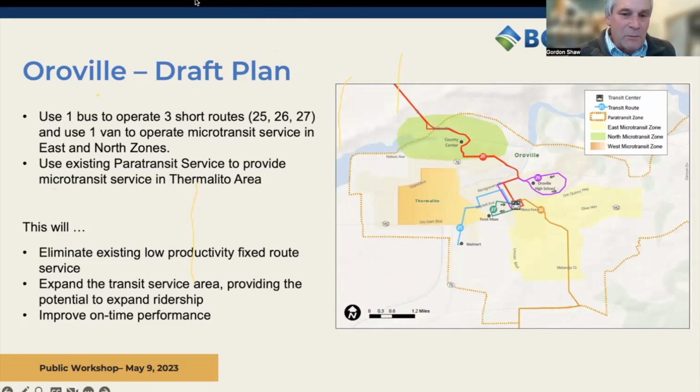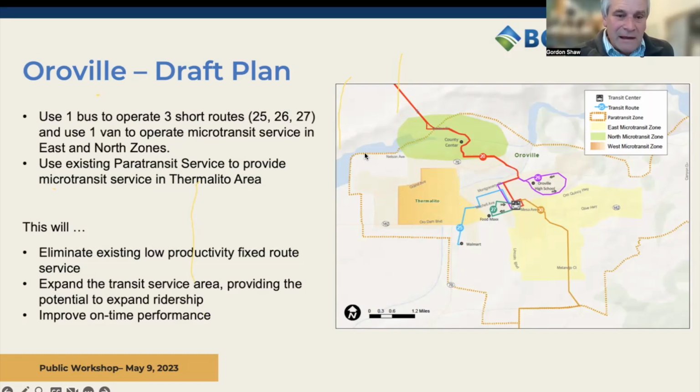So one of them would stay a fixed route bus, and every hour it would alternate between 25, 26, and 27, these 3 relatively short routes. So it serves downtown, it serves the Walmart, and it serves the high school. It serves the area that we're getting most of the ridership.